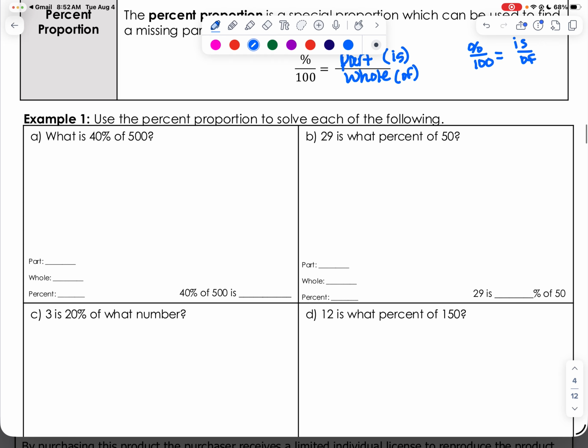So in example 1, it says use the percent proportion to solve each of the following. Problem A says what is 40% of 500? Now, the word after of is your whole. So in this problem, I know the whole is 500. I also know the percent is 40%.